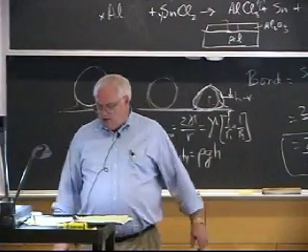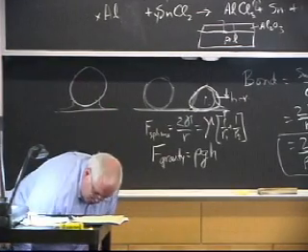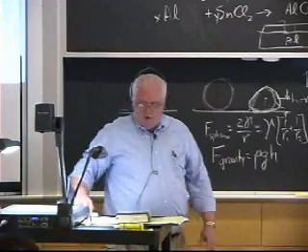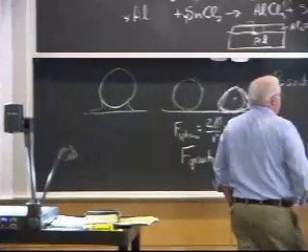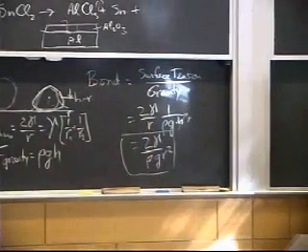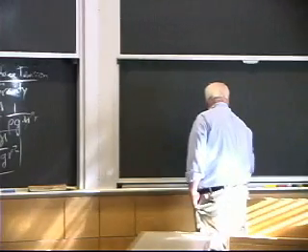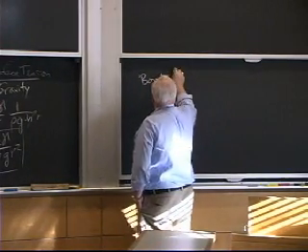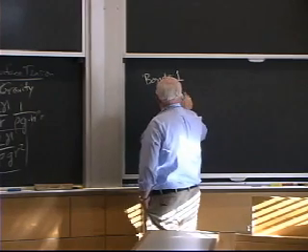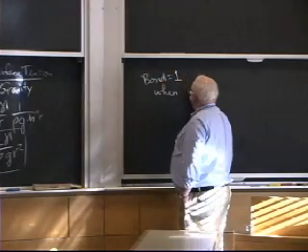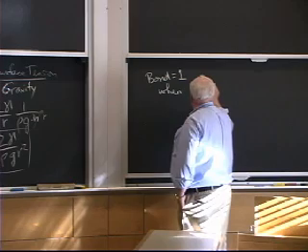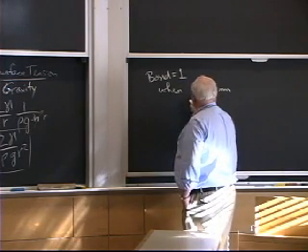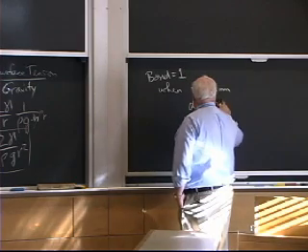Now if I put typical numbers for a metal into that equation, I'm going to find that the bond number is 1 when the radius is about 0.5 millimeters, or the diameter is equal to 1 millimeter.